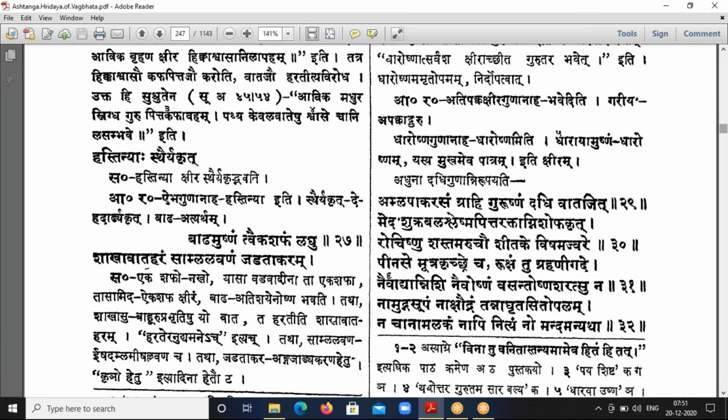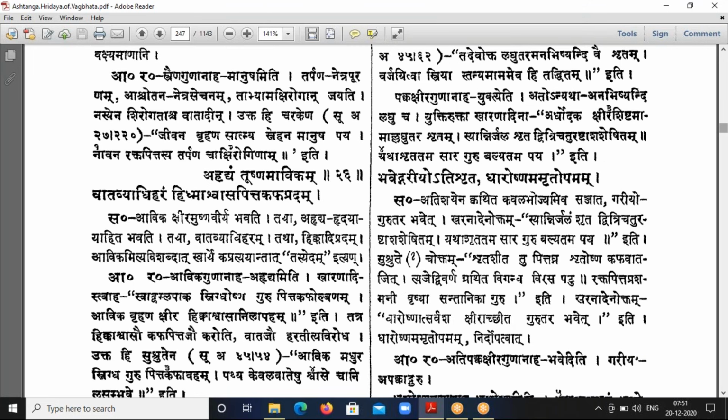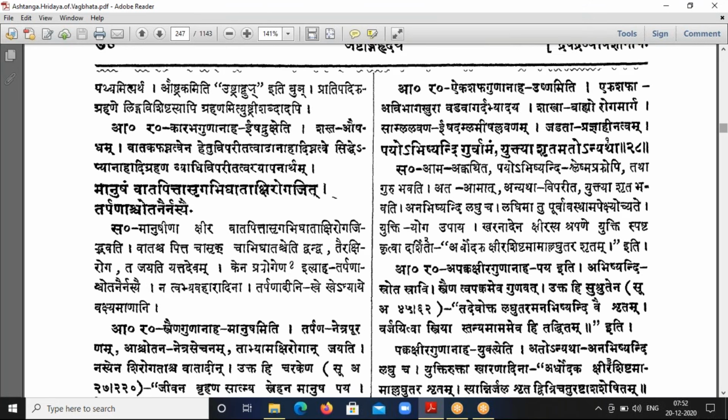Then some general information they are providing. Payobhishyanti Gurvamam. Amam Payaha. Amam means uncooked, not properly boiled. Abhishyanti means which increases the Shleshma, Kabha Prakopi.